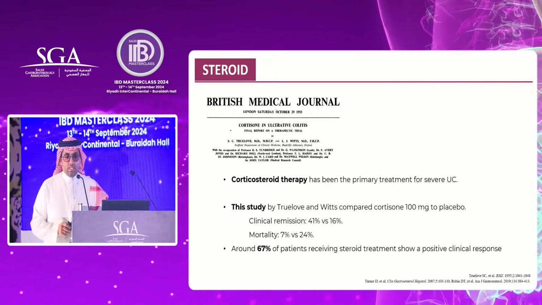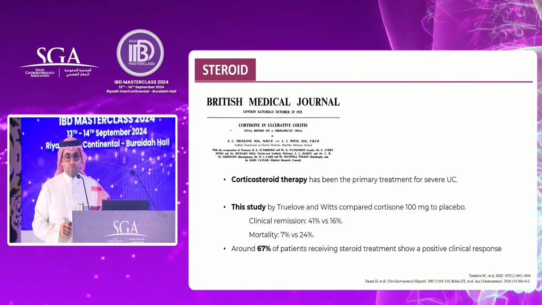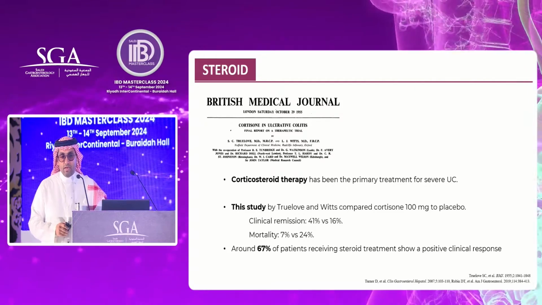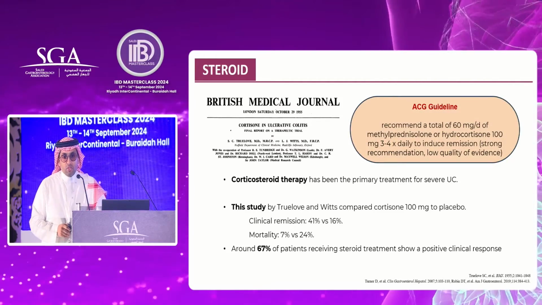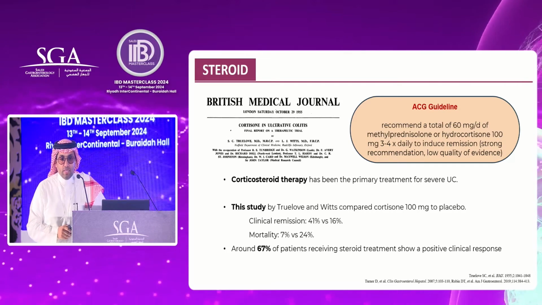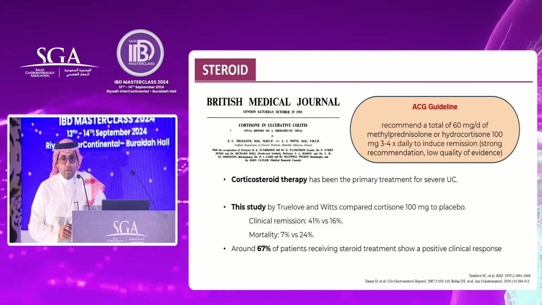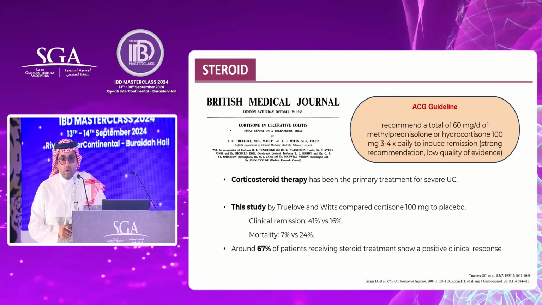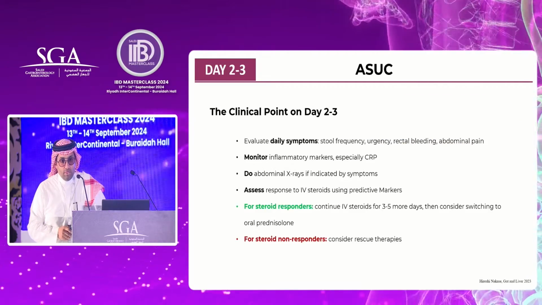So around 67% of the patients receiving steroid treatment show a positive clinical response. The ACG guideline recommends a total of 60 milligram methylprednisolone or hydrocortisone 100 milligram to induce remission.